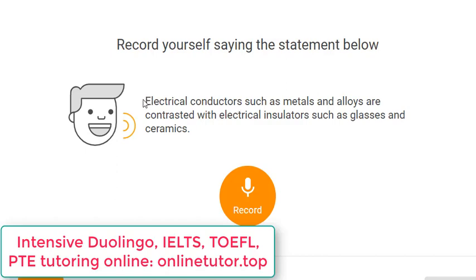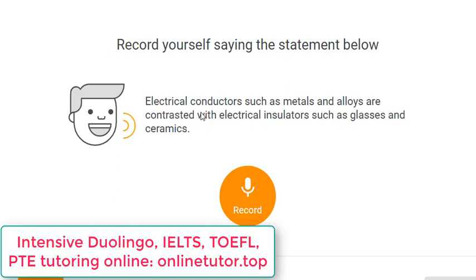For example, electrical conductors, this is my subject, such as metals and so on, are contrasted. This is my predicate, passive, yeah? So, are contrasted, this is the main word in this sentence. Because verbs denote action and they render change. And change is the most important thing in this universe. Maybe I'm too philosophical, but maybe you didn't study linguistics, so you don't know this. Your two most important words are conductors and contrasted, you see?